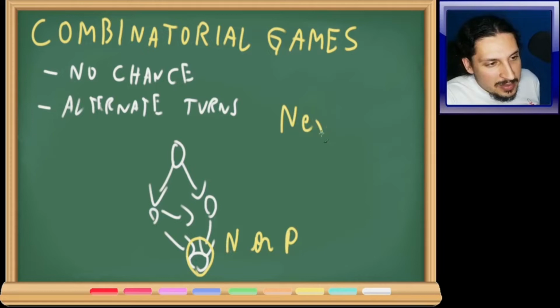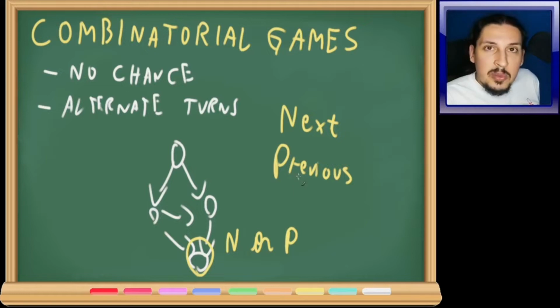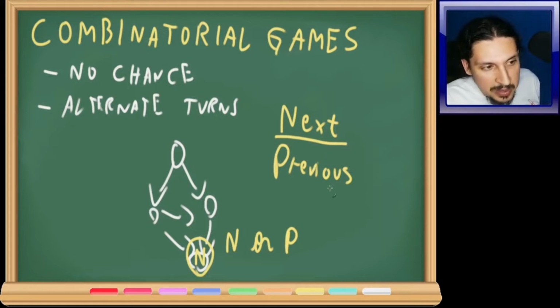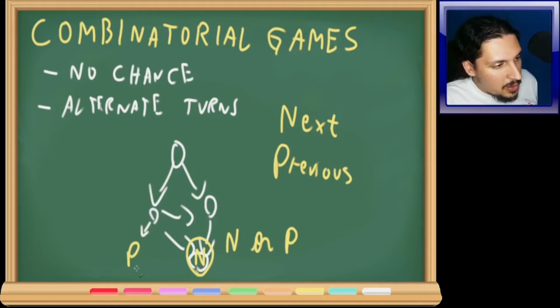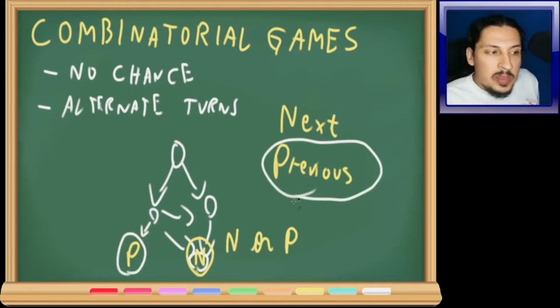N is for next, and P is for previous, and they refer to the player who has to move. A terminal position will be labeled N if, when you reach it and the game ends, the next player to move wins. And a terminal position will be labeled P if the previous player to move wins.